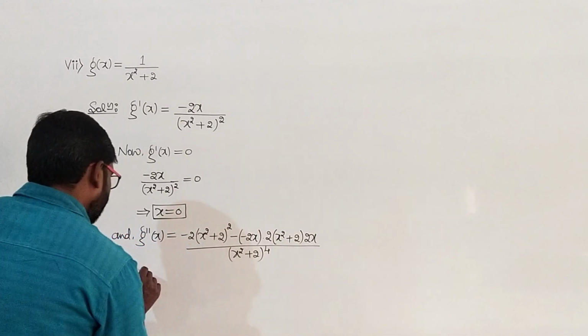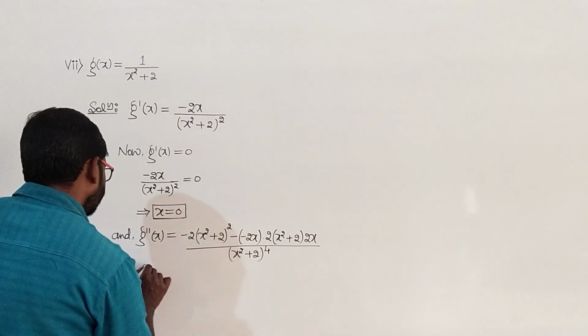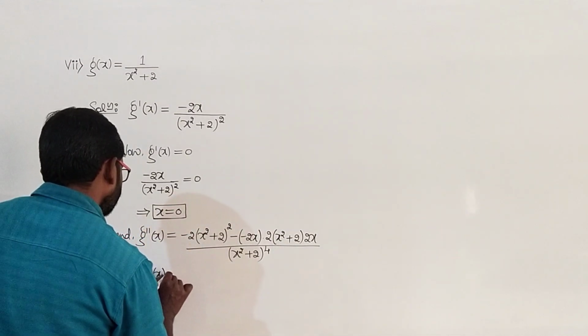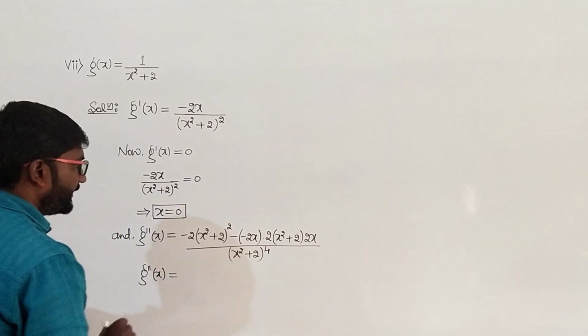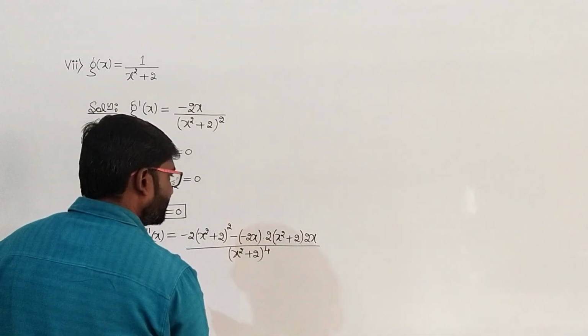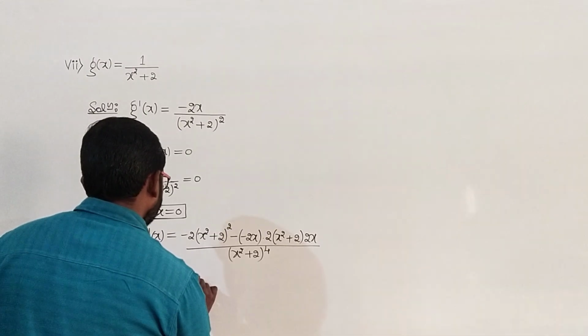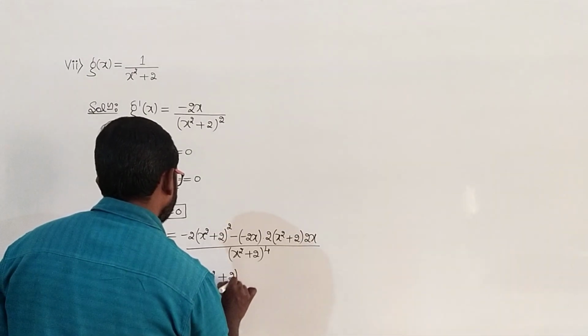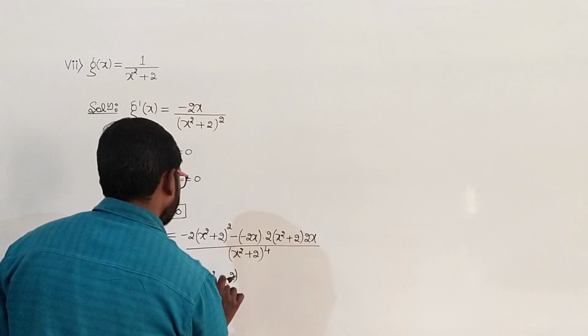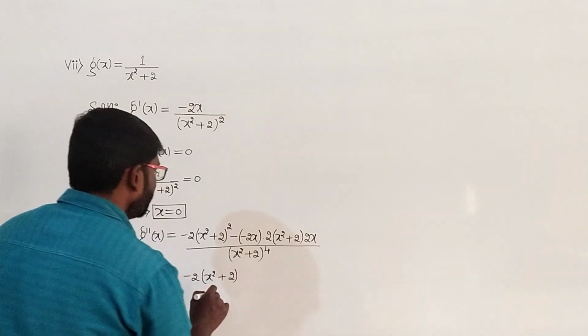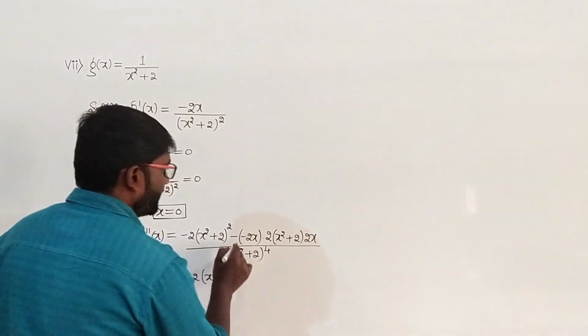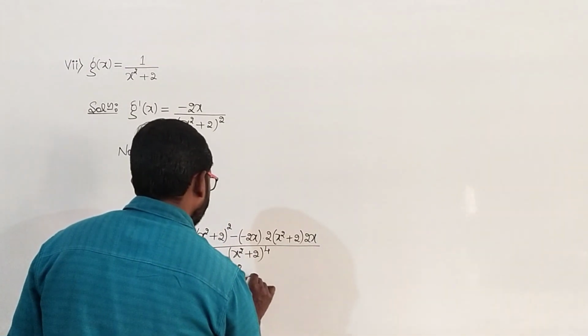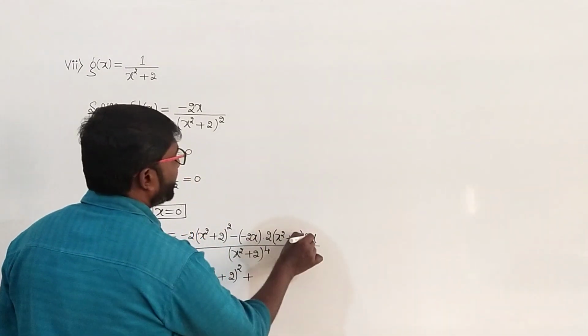Now g double dash of x, so simplify this now: minus 2 times x square plus 2 the whole square, then minus into minus it becomes plus 2x into 2 into 2x.